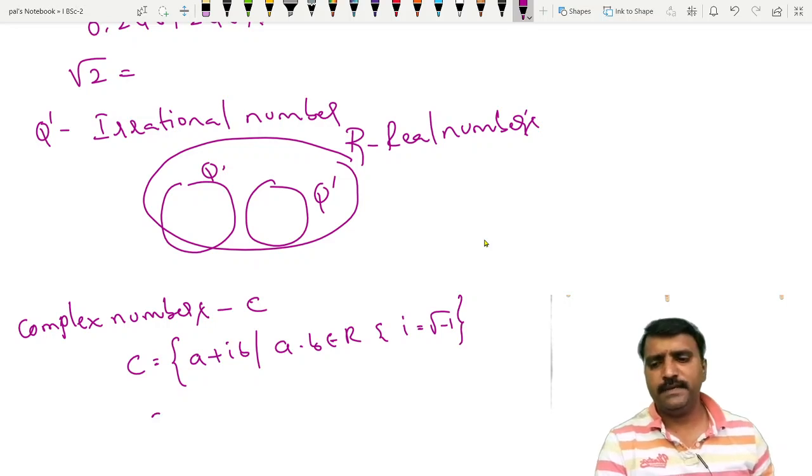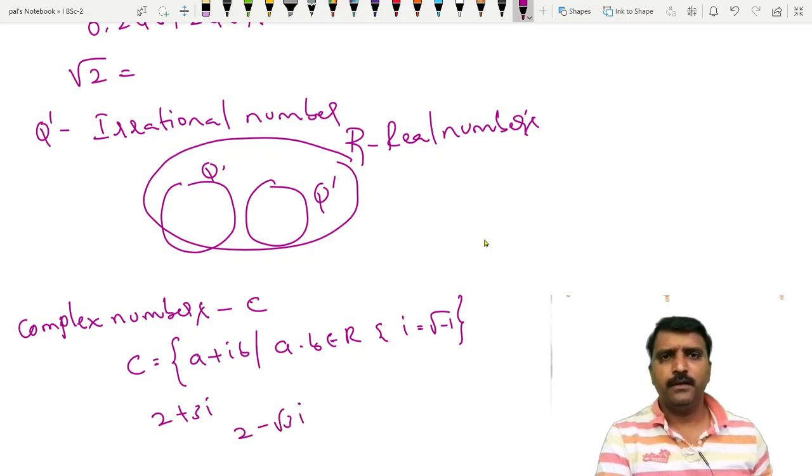For example, 2 plus 3i, 2 minus root 3i. You take either rational or irrational, a and b are real numbers. So this type of numbers belongs to the set C.